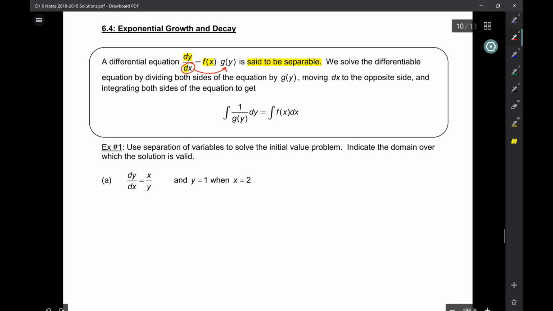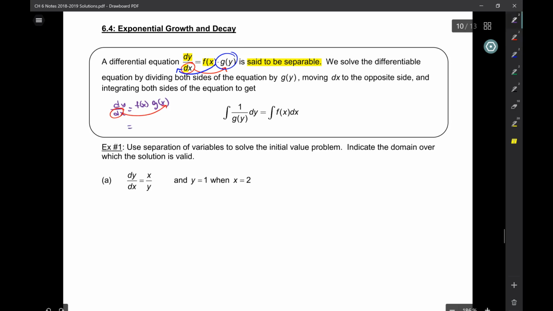Now you move that over, but also the g of y you're going to move to this side. So if you have dy/dx equals f of x g of y, the dx is going to move over.